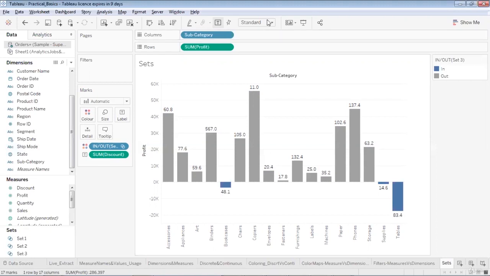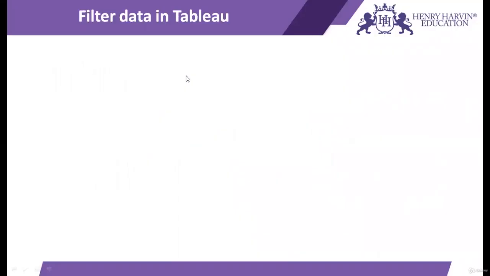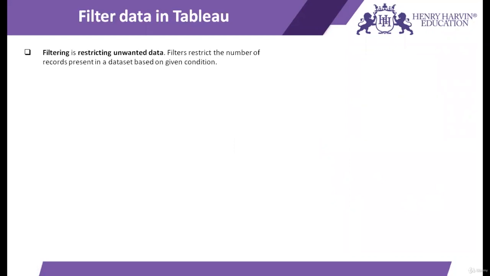Now let's move to our next topic. So next we'll see filters. So basically in Tableau, we have got multiple filters and we'll be checking them out today. If I talk about the definition, a filter is basically restricting the unwanted data. So out of the immense data I have, if I wish to filter out only a few data values based on some condition, then I'll use filters.